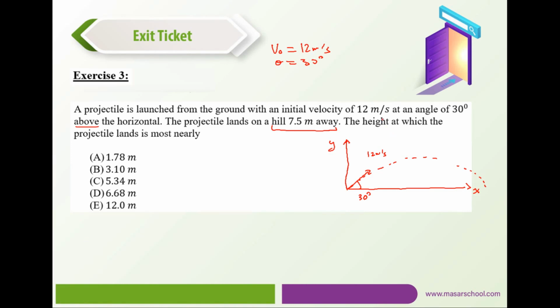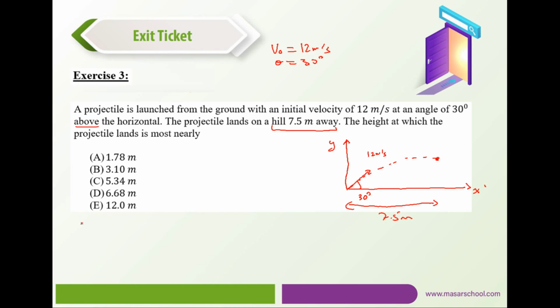However, it's not gonna continue its path, because here it will hit a hill, and they're telling us that the hill is 7.5 meters away. Away means horizontal distance, so this would be 7.5 meters. And we're interested in the height at which the projectile lands, basically the height at the impact point.